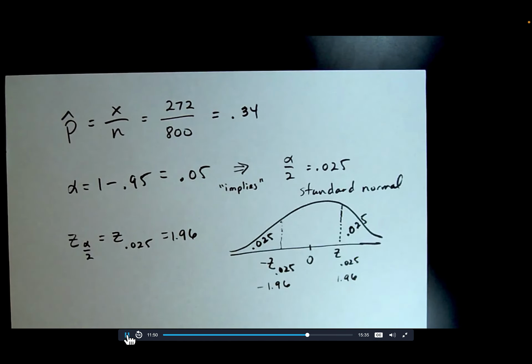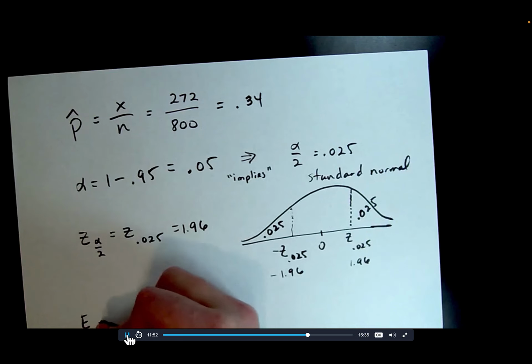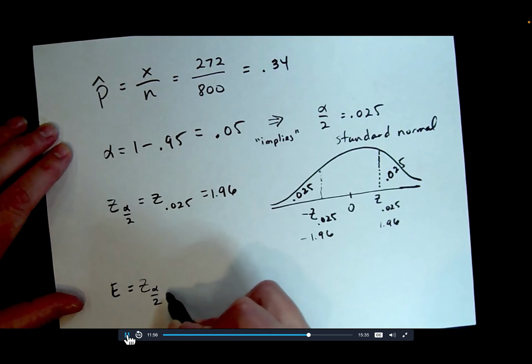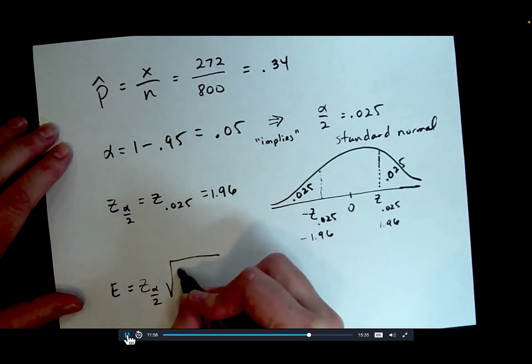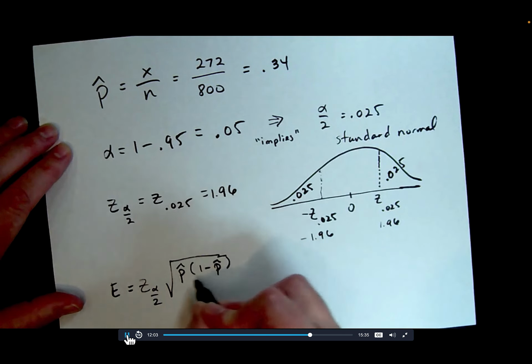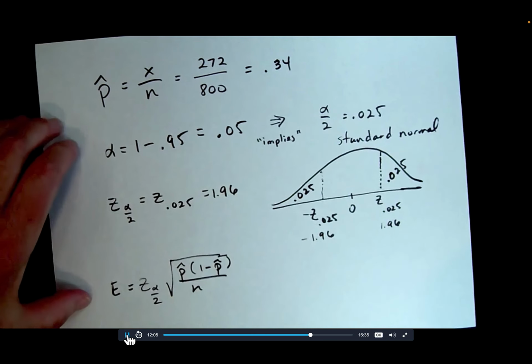So our margin of error, we're going to plug into that formula z sub alpha over 2 times the square root of the point estimate times 1 minus the point estimate over the sample size.